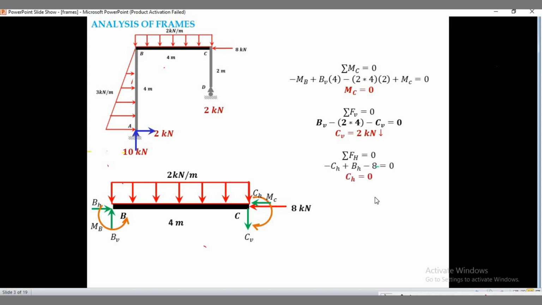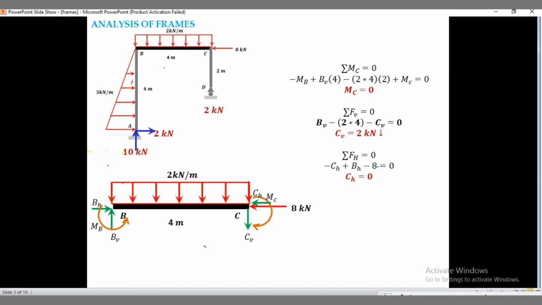My CH is equal to 0. The values of BV, BH, and MB have the same magnitude as those we obtained earlier analyzing AB, but opposite direction. These are the values of my internal reactions at point C.